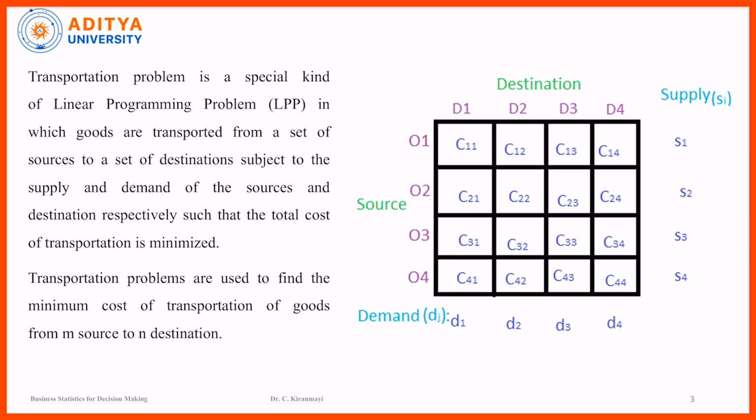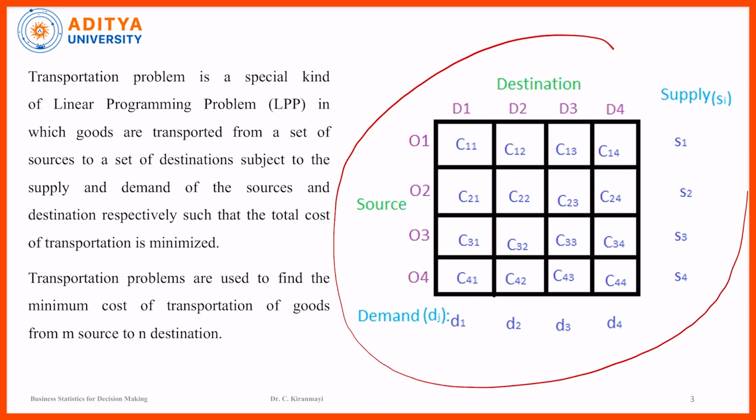This is called the mathematical formulation, the tabular form of the transportation problem, and in this matrix you can see C11, C32 and so on. These are the costs of transportation of one unit from one origin to a destination. For example, C11 denotes the cost of transportation of one good from origin 1 to destination 1, from the first source to the first destination.